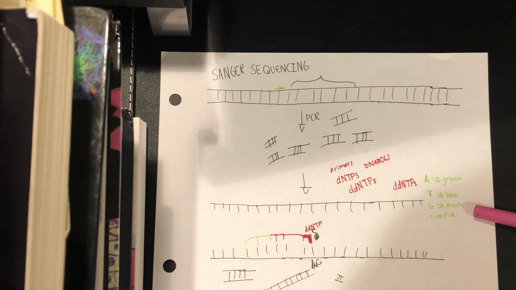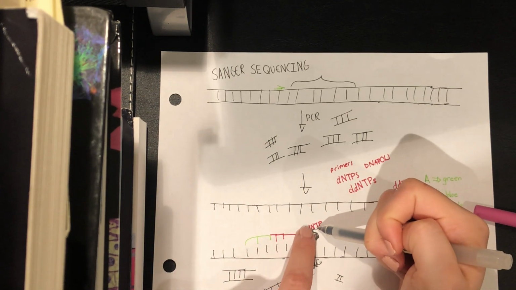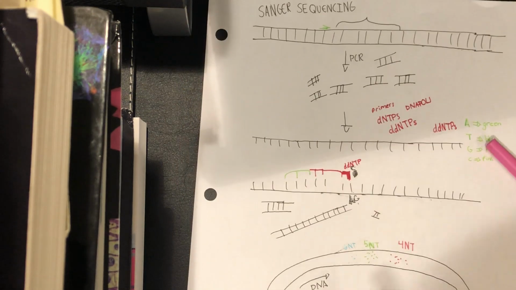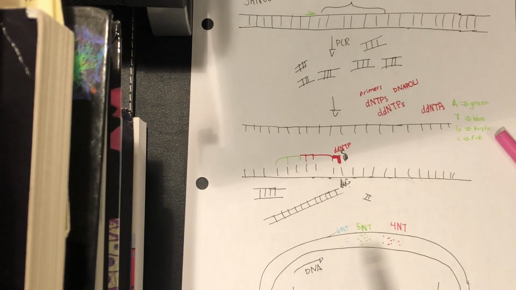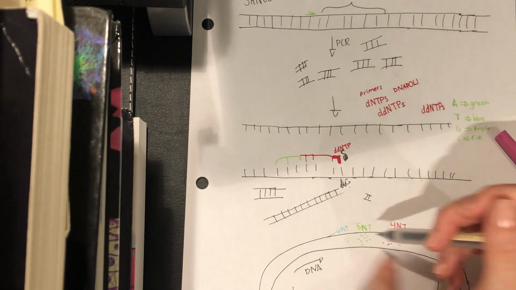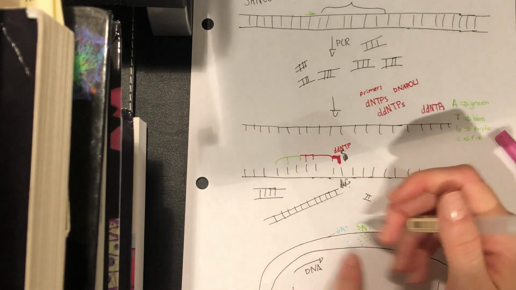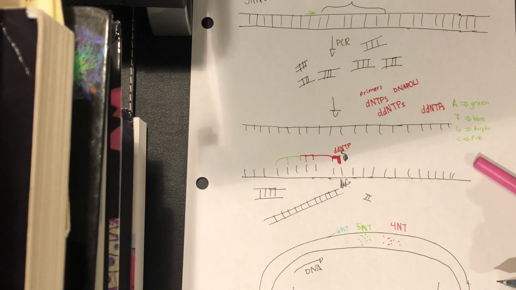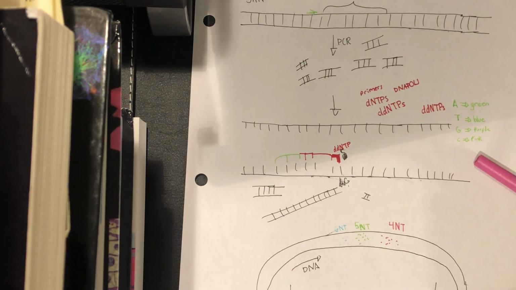Because if it detects a C, which has the fluorescent dye attached to it, then they know that this would be G, okay? And so all of your DNA, from smallest to biggest, is going to come in, and it's going to run through this machine, and you are going to be able to determine the sequence of DNA based off of that.